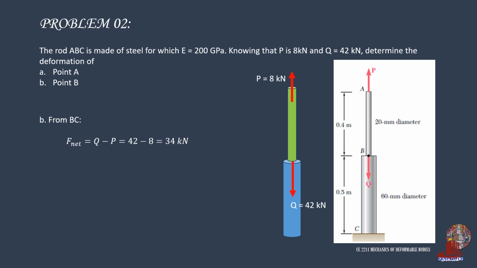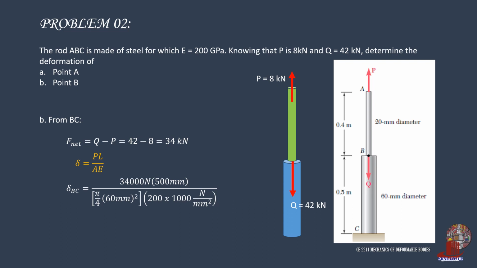This serves as force P in the deformation equation, PL, all over AE. Now all we needed to do is to plug values. P is 34,000 newtons multiplied by the length of rod BC, which is 500 millimeters.